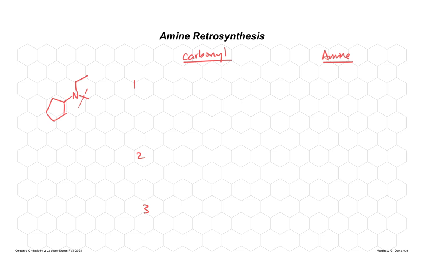And then everything else is just coming from a secondary amine. So a 1 carbon carbonyl unit is formaldehyde. And then the amine component would be a secondary amine.